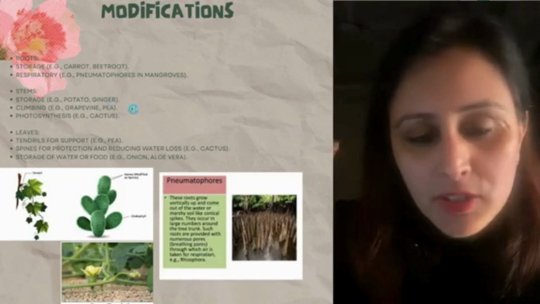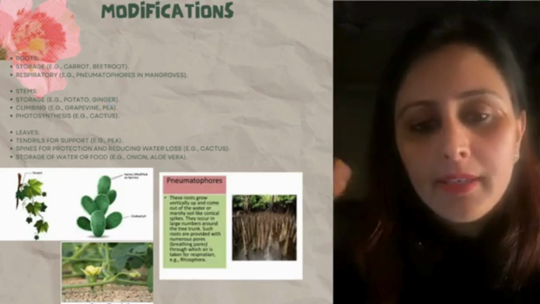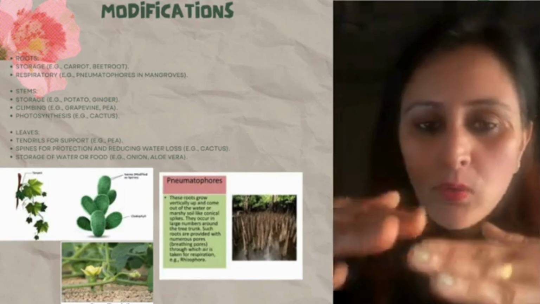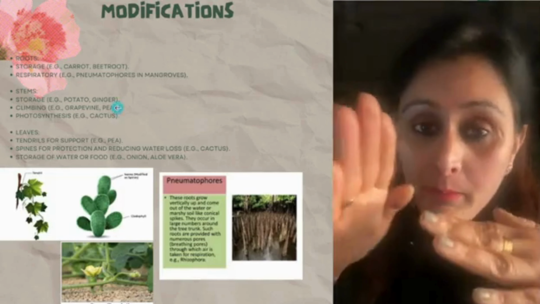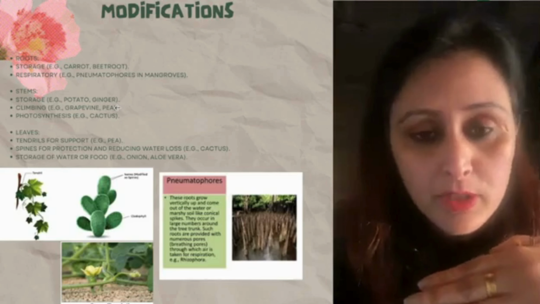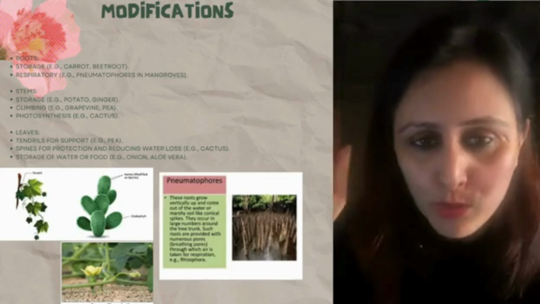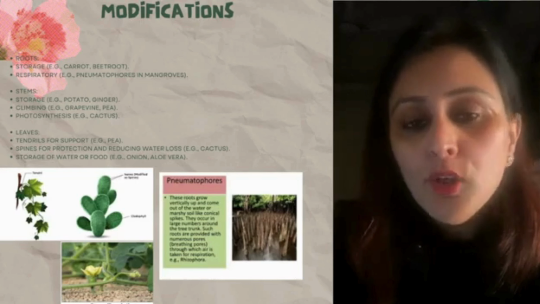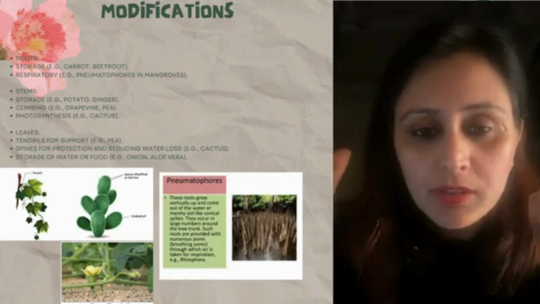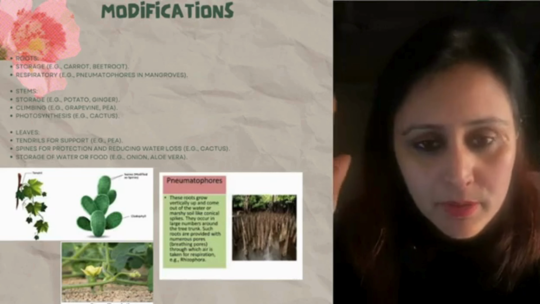They have the adaptation of tendrils, right? Tendrils coil themselves around and then climb up. A good example is the money plant. If you give it support anywhere, it starts climbing on it. Cucumber is a good example here, right? They start climbing up because they are climbers, right?